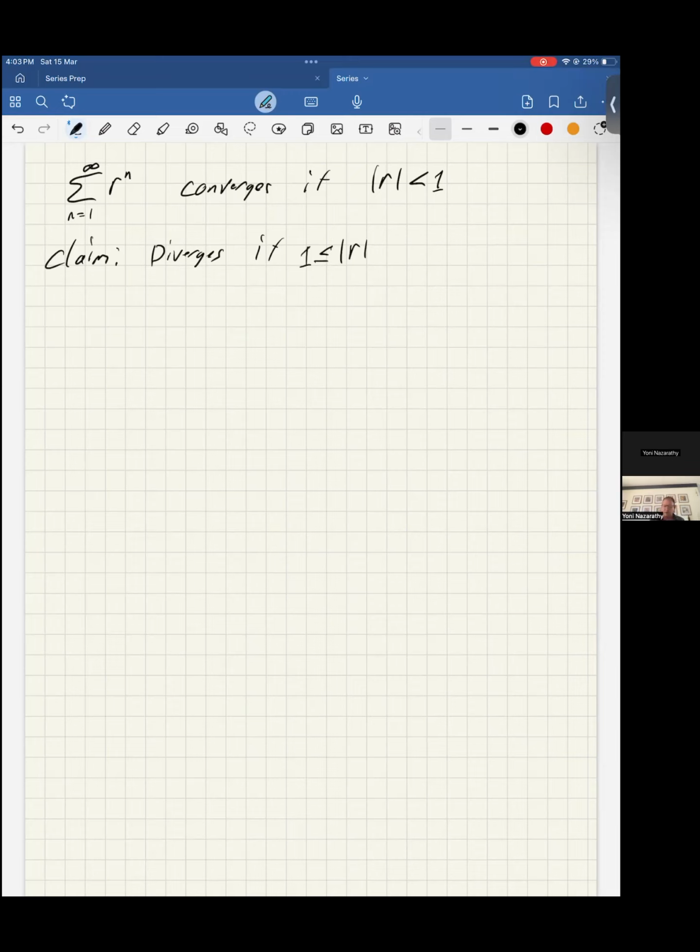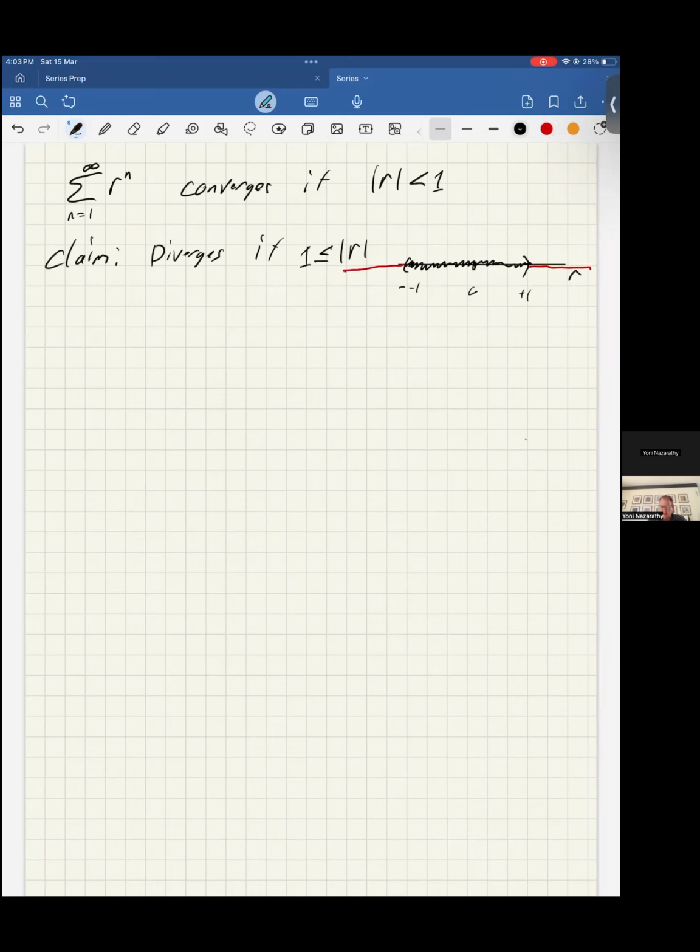You can look here at r if you would like, and this is 0. For r between plus 1 and minus 1, the series converges. Otherwise, it diverges.